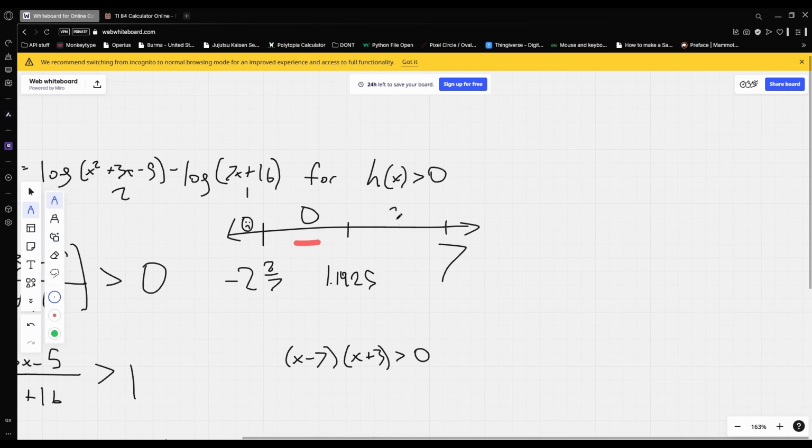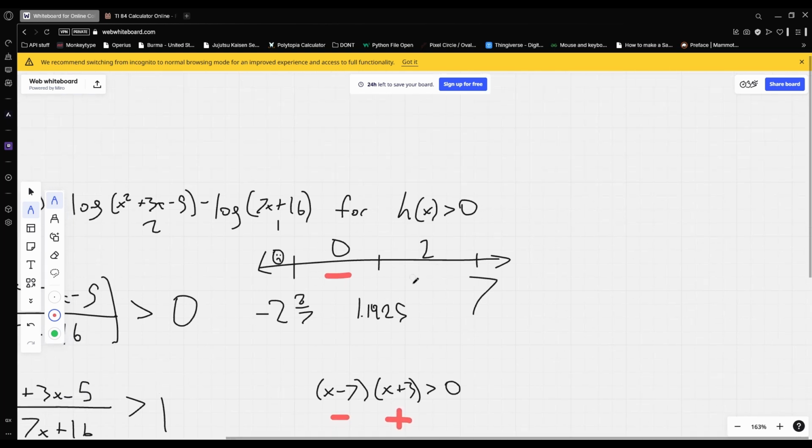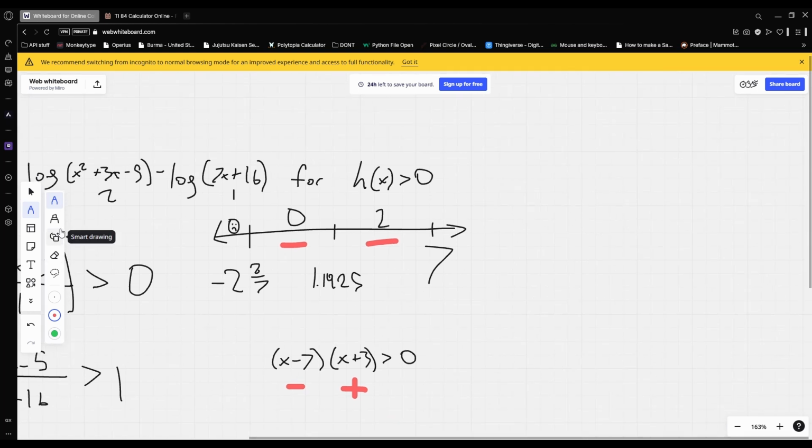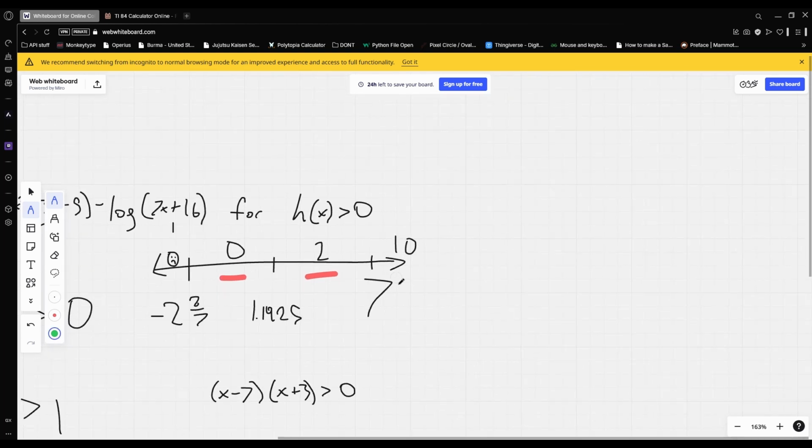I'm going to put 2. 2 minus 7, negative. 2 plus 3, positive. So this is negative. And then finally we have 10. Our final test value, 10. 10 minus 7, positive. 10 plus 3, positive. So out here we have a positive sign.